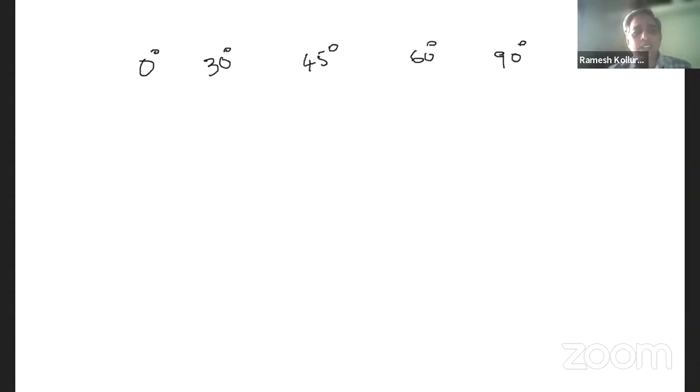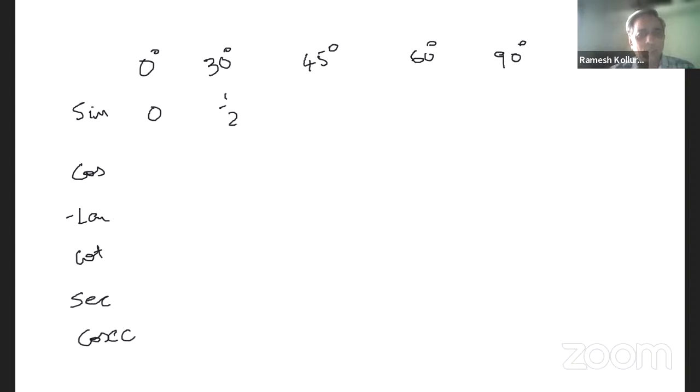Sine, cos, tan, cot, secant, cosecant, and all these values we know. Sine is 0, 1 by 2, 1 by root 2, root 3 by 2, and so on. So all these things we know.